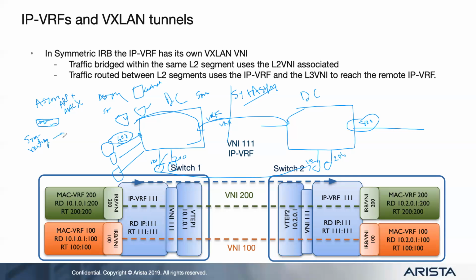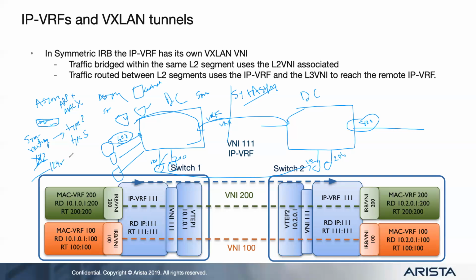Now in symmetric, we have both route types, type 2 and type 5. Type 2 will populate our routing for the /32 host route, and type 5 will populate the full subnet route, /24. So in case for some host we don't have the host route, we still have this as a backup.